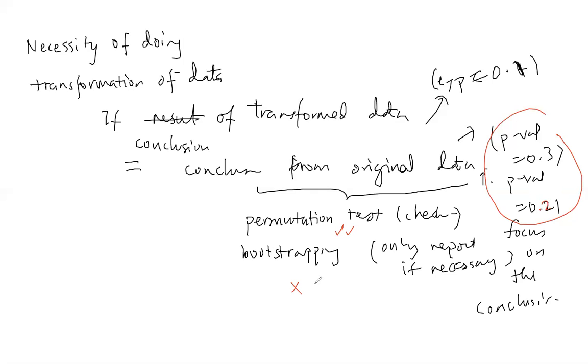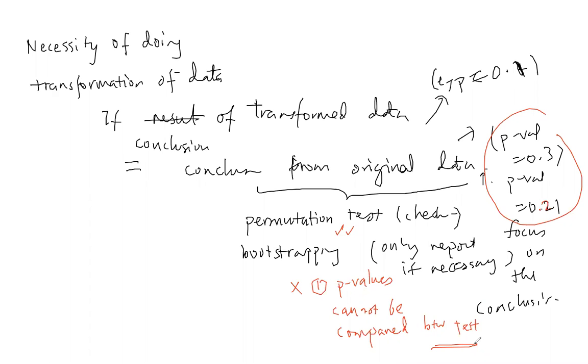It cannot be. This is an incoherent argument because number one, p-values cannot be compared between tests. Okay, this is a basic problem that occurs very often. Students like to compare p-values between different statistical tests. They actually cannot be compared.